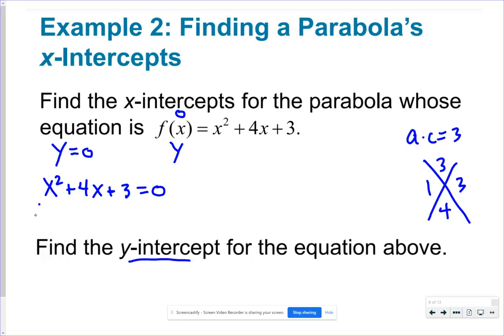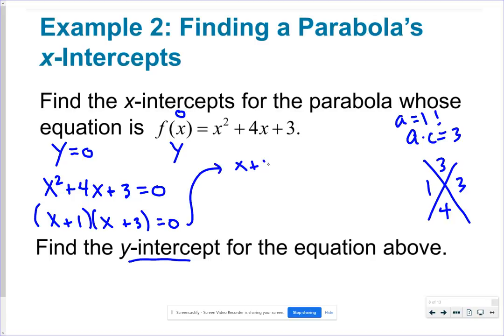And remember, at least in my class, we talked about a little shortcut. If A is 1, and only when A is 1, we can factor this as soon as we have our two numbers, 1 and 3. It'll factor as (x plus 1)(x plus 3). Now use your zero product property.